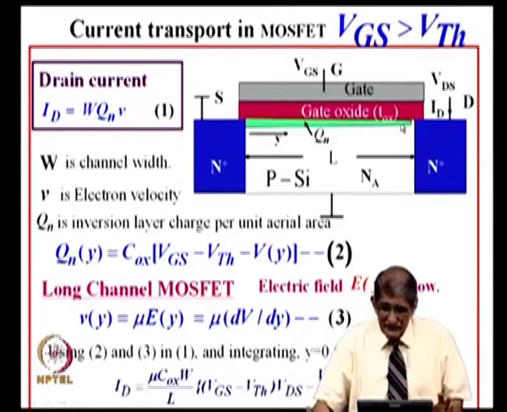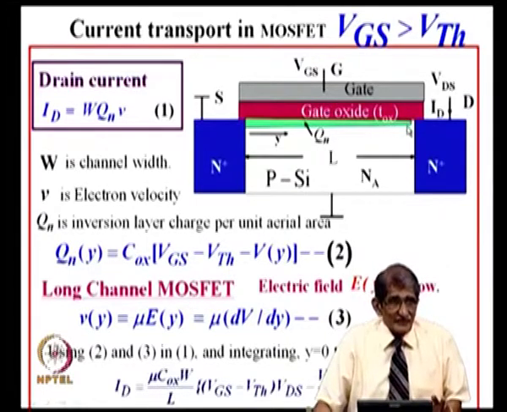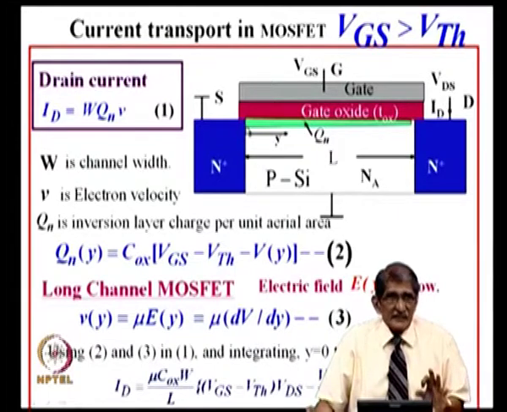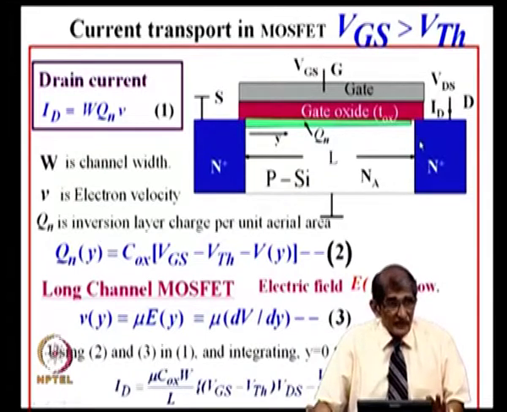So, when the channel has just opened, it is a very interesting phenomenon. I am oversimplifying it, but when the channel is just opened, the voltage drop across the channel is VGS minus V threshold, that is the channel potential. If I increase the VDS beyond that point, this voltage drop where the channel is opened up remains the same, VGS minus V threshold. What about the resistance between this point where it is opened and this point?